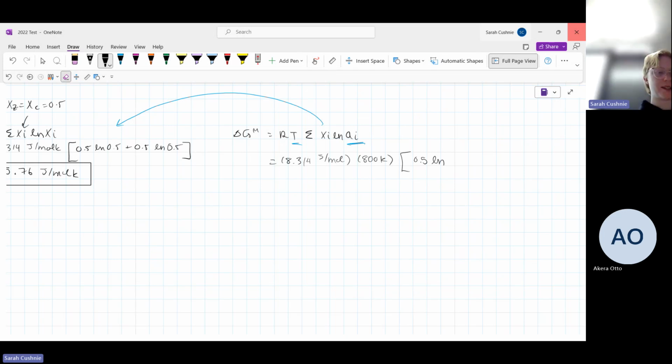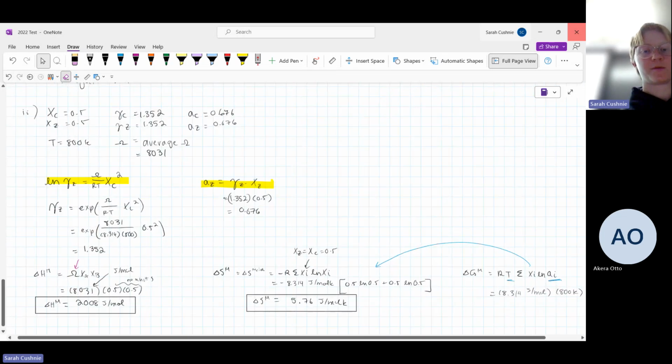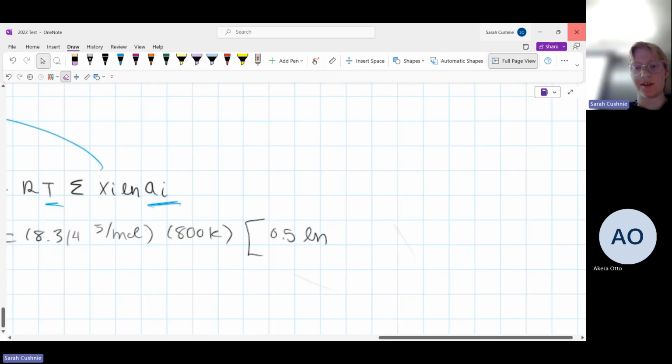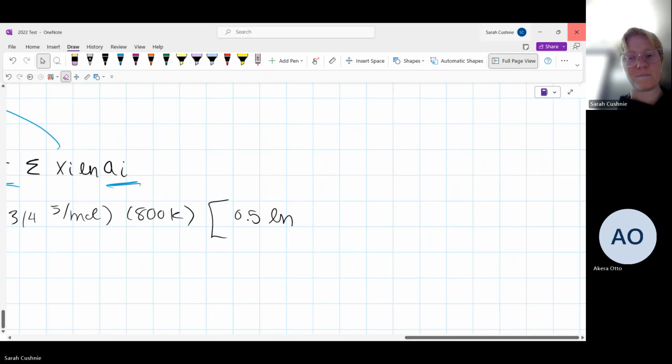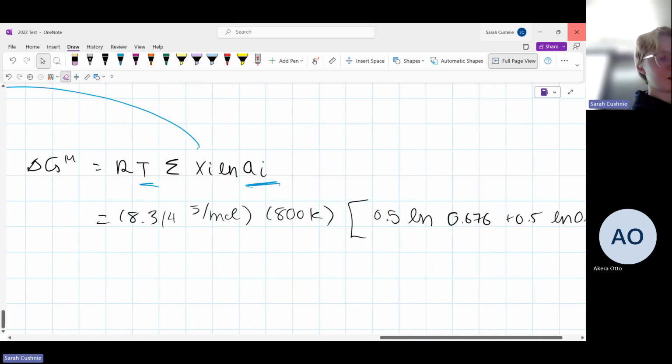Remember, we calculated our activities back when we were starting this question. If you throw that all in your calculator, you would get a value of about negative 2600 joules per mole.